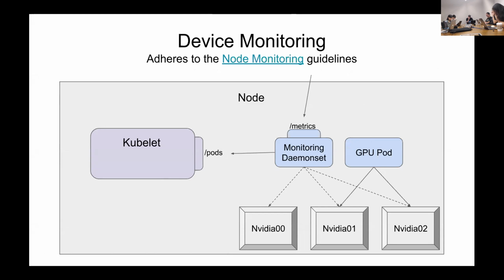And then it also needs to know the container, pod and namespace information about the container that's actually using it. The way the monitoring daemon set would do this is by querying the kubelet's pods endpoint to discover the state of the world, as it were, in terms of which devices are being used, and can then start monitoring and producing metrics and attaching metadata for the GPUs that are currently in use by containers.